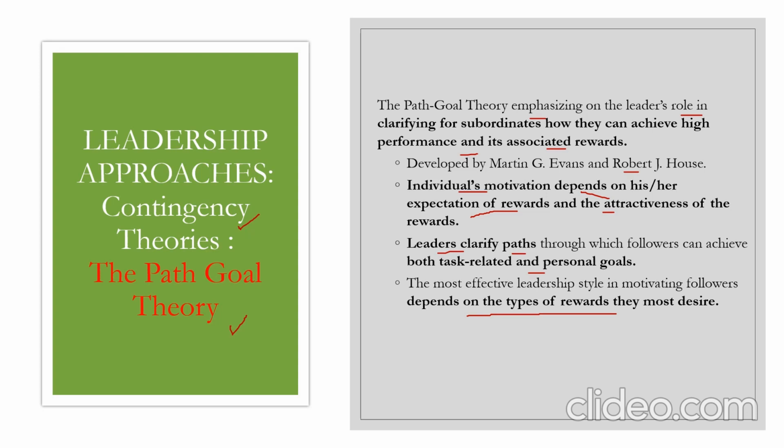So leader ni tugas dia adalah untuk memberi jalan kepada employees macam mana employees ni nak mencapai goal dia. It can be the goal of the organisation and also the personal goal. Personal goal means the reward. So macam mana employee nak capai goal organisation dan juga goal untuk mendapatkan reward. It is the job of a leader to provide the path to them.